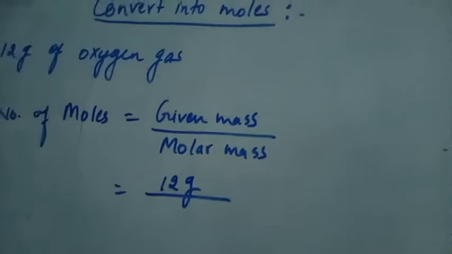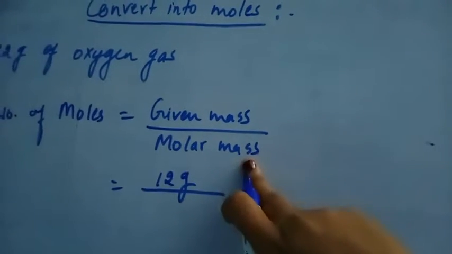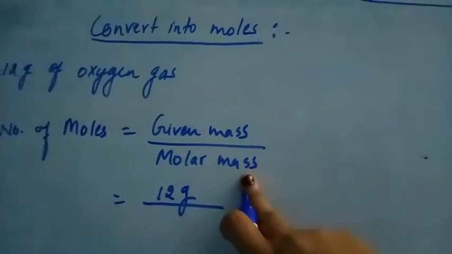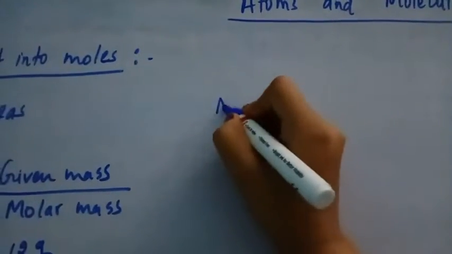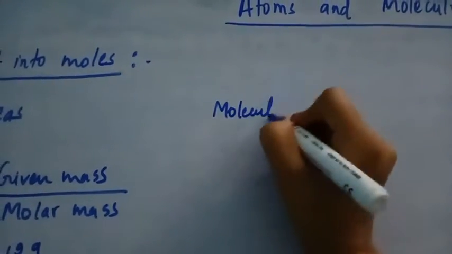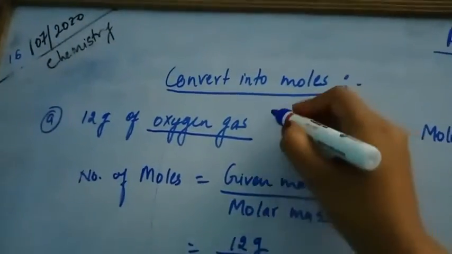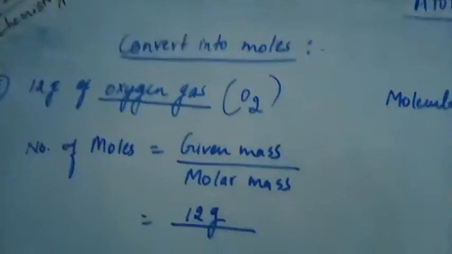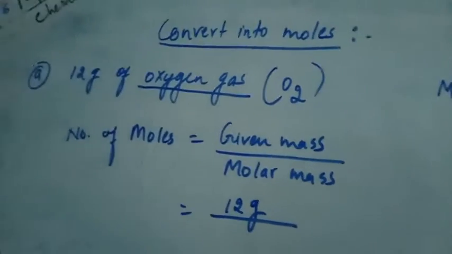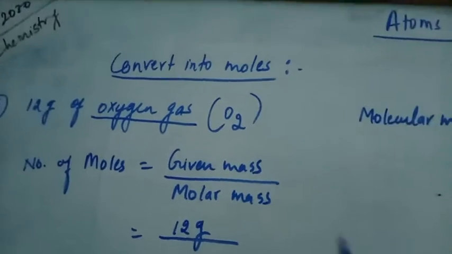First we should calculate the molar mass of oxygen gas. For that we first have to calculate the molecular mass of oxygen gas. Oxygen gas means it is an oxygen molecule, because oxygen gas is always in the form of O2.